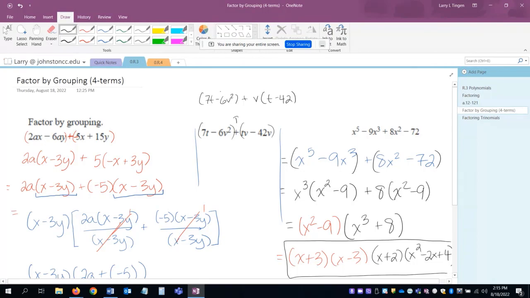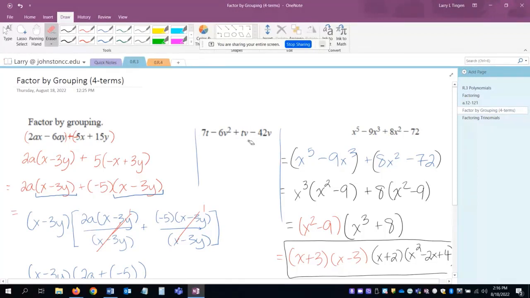See how I don't have a factor over here at all? I didn't break this down into two factors because there were no common factors. If this was going to work, t minus 42 would need to be a factor in both this first term of the problem and this last term of the problem. But it's not. So I can't do it that way.